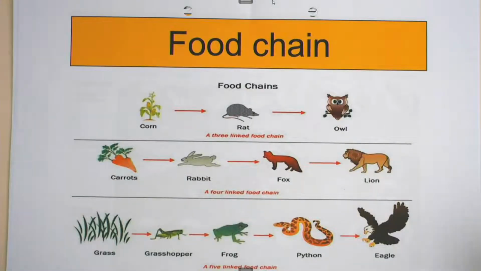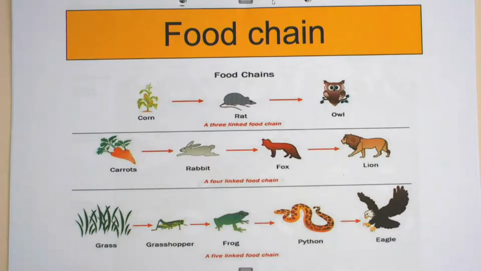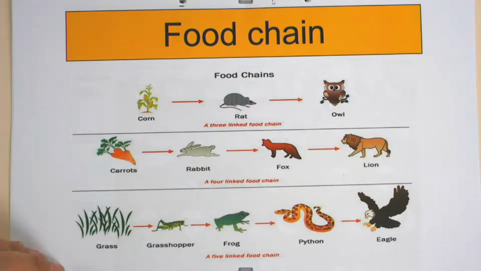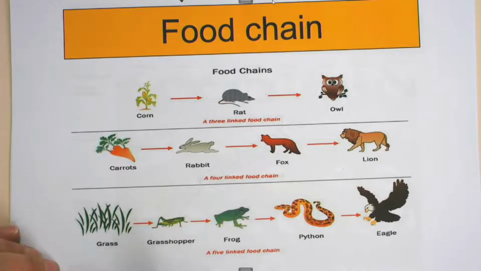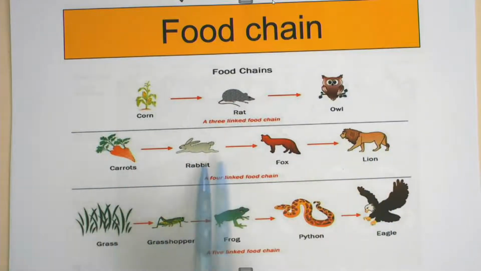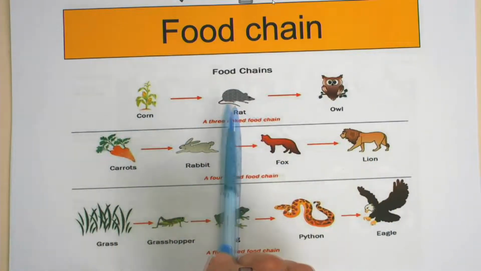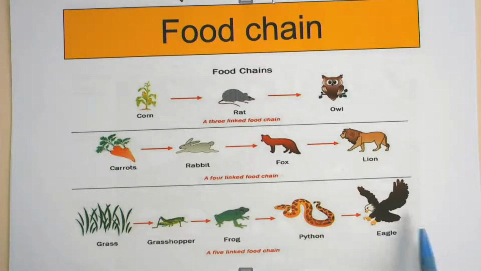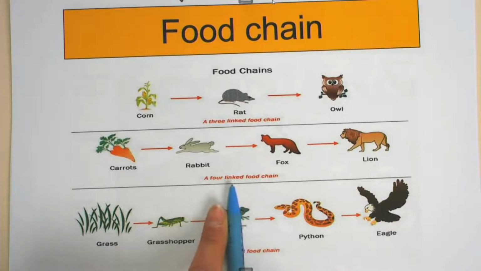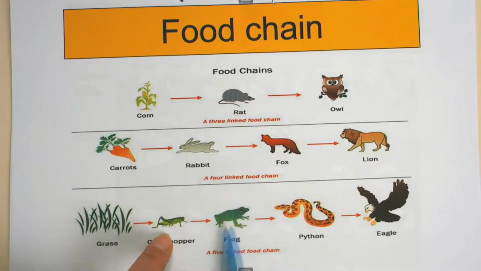Now, the food chain, I'm just quickly going to look at this again. You know this, you do this ever since you do NS or natural sciences. Grass, grasshopper, frog, python, an eagle. Here we have carrots, rabbit, fox, lion, corn, rat, and owl. So you can have longer food chains, you can have smaller food chains. They all influence one another. If I now take one of the components away, then the grasshopper will have less food.